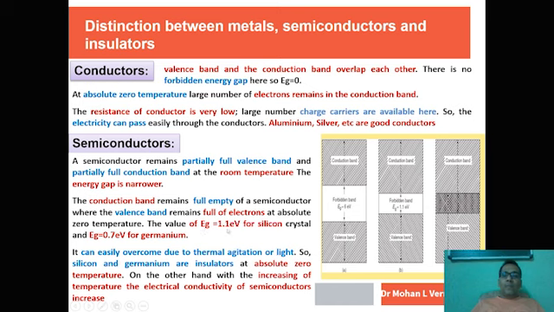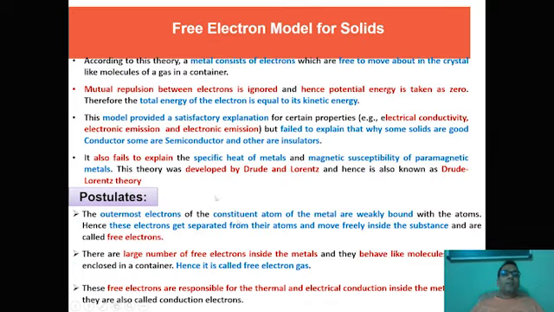The value of Eg is 1.1 electron volt for silicon and 0.7 electron volt for germanium, and these are well known semiconductors, and they conduct well at room temperature itself. The gap can easily be overcome by thermal excitation or light. So silicon and germanium are insulators at absolute 0 temperature, but with the increase of temperature, the electrical conductivity of a semiconductor increases.